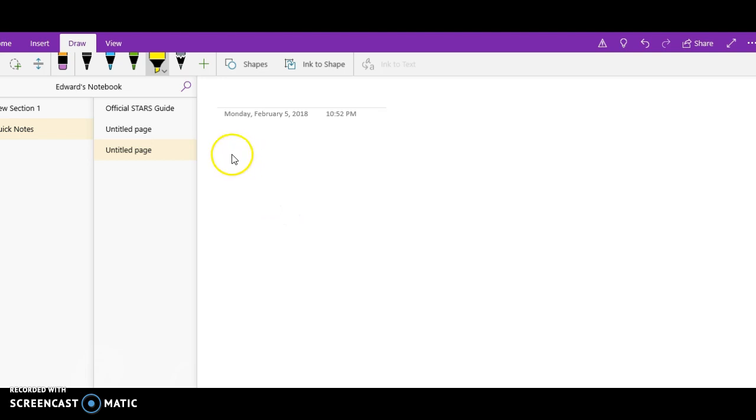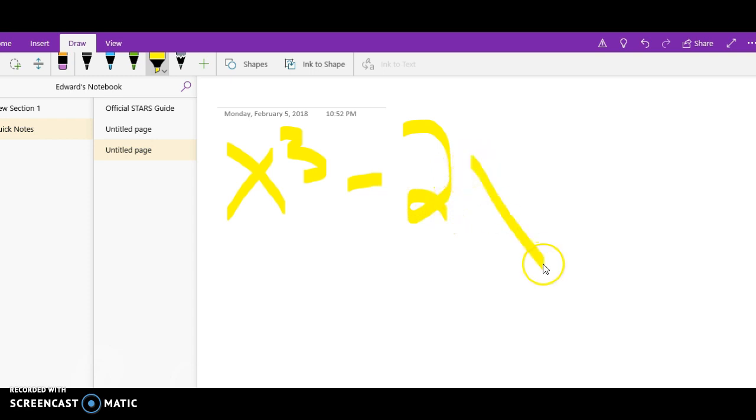So problem number two was x to the third minus 2x. So what we're gonna do is find what this problem has in common, which is x.